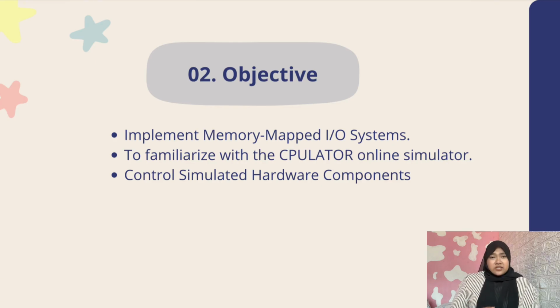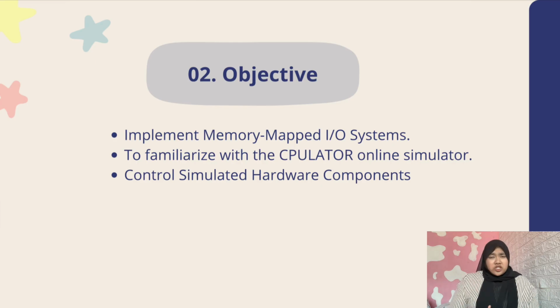And that brings us to our third objective, which is to actually control this simulated hardware component. We don't just want to write code and let it sit there. We want to see how it works. So our goal is to take a physical action like pressing a switch in the simulator and have it instantly trigger a real-time visual change on the LED array.